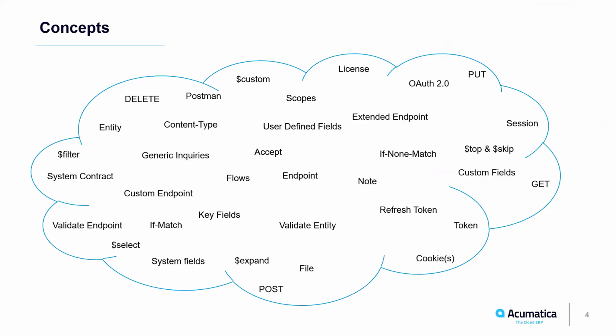So if I start with all the various concepts and try to put them on display for you to see, we have all of these: delete, user-defined fields, validate entity, refresh token, system fields, some node, custom field. All these are things that you can potentially hear when you're dealing with the Acumatica web service, and sometimes it might get a bit confusing.